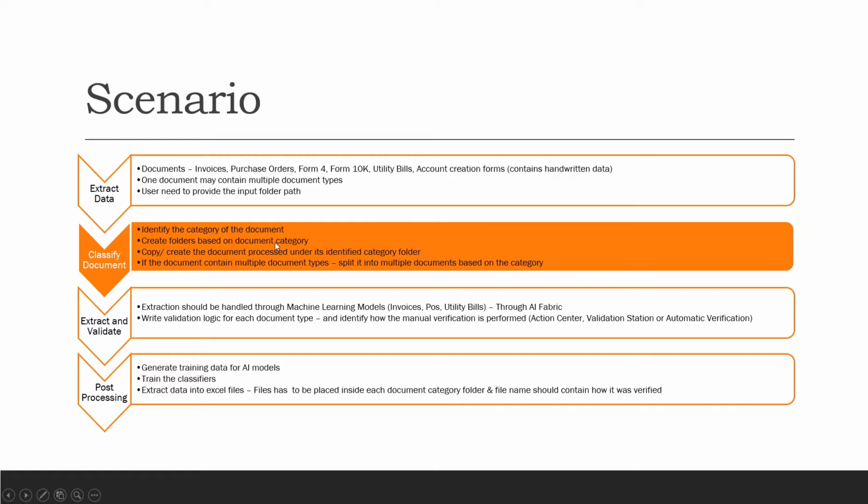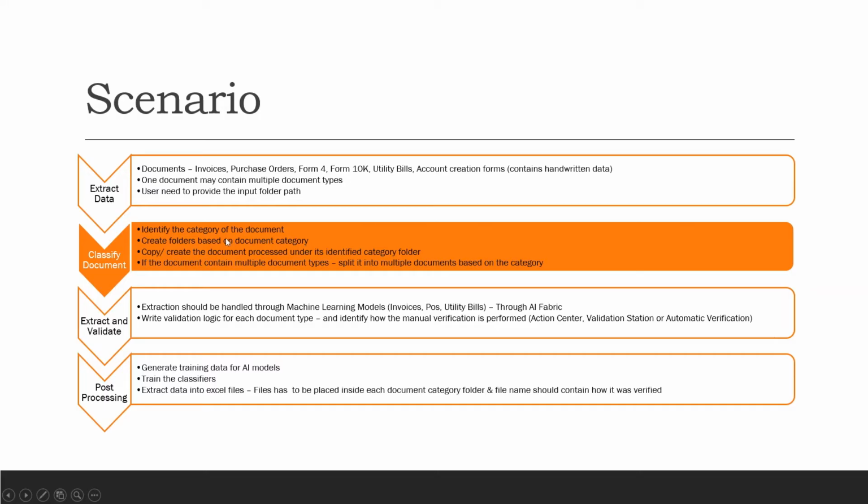Because the classification is very important to know what sort of data we need to extract. Without knowing the classification, we would not know whether the data that we are looking for is even available in that document itself.